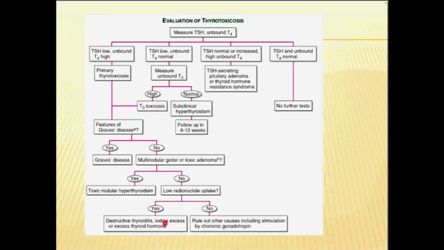If there is iodine excess in the body, radionuclide iodine will not be taken up by the thyroid gland. Okay, if there is no radioisotope uptake, you should rule out other causes of hyperthyroidism. As you also know, if there is any struma ovarii or any ectopic location of thyroid hormone or thyroid gland, these are all the things which you have to locate.